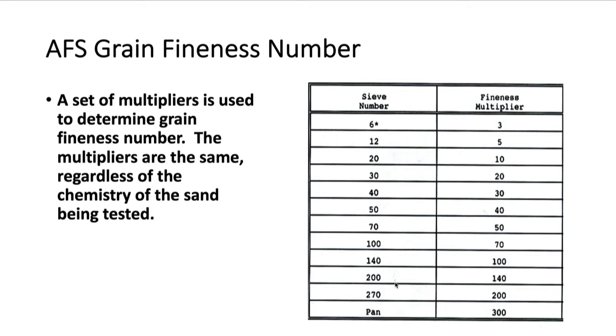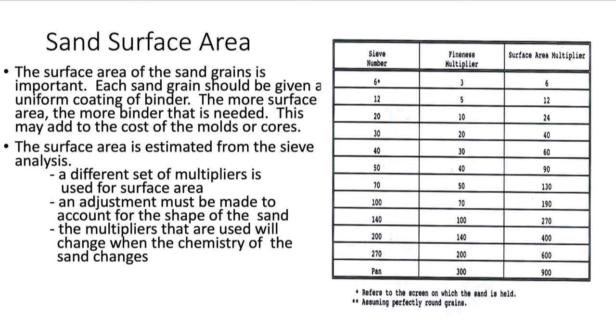You have to trust that the people before you did a proper job of figuring out how to weight these, so that the average you get is representative of what we're trying to see. So essentially, that was the grain fineness number. You're going to use those multipliers, and there's some math involved we're going to talk about in a second.